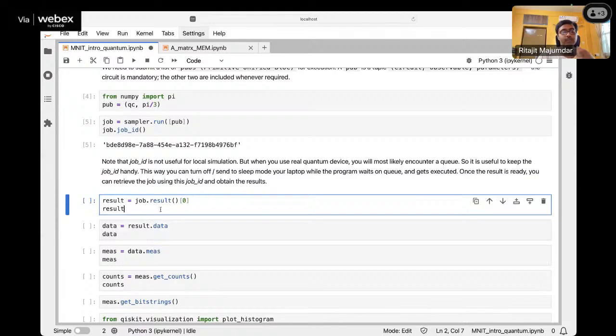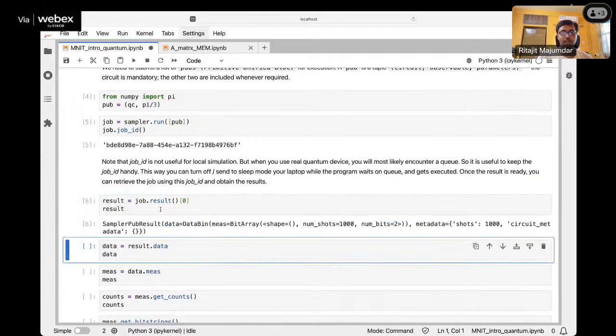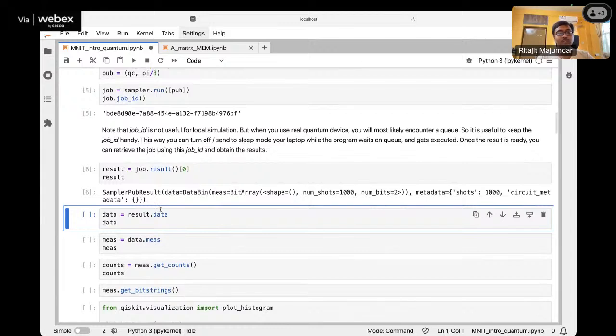So if we see now, this has a very nested structure of data. This is what the result looks like. It has a data part, it has a metadata part. The metadata part will contain the number of shots. Yes, this is repeated. And you can give some circuit metadata. Say you want to give some description of what this circuit is about, what problem it is solving. So it will contain all those circuit metadata.